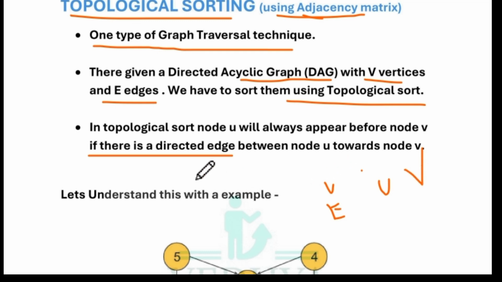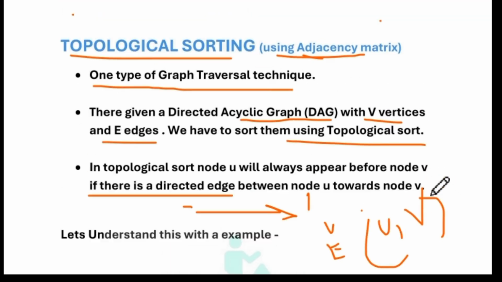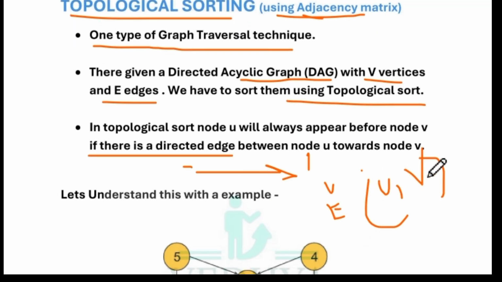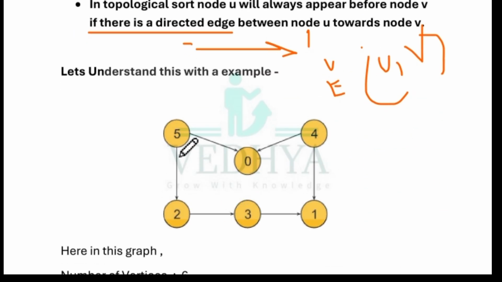If there is a direction from node U to node V, then we write U to V. For example, if there is a direction from 5 to 2, then we write 5, then 2. So if there is a U to V, then we write U before V.